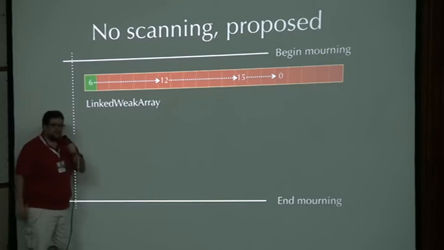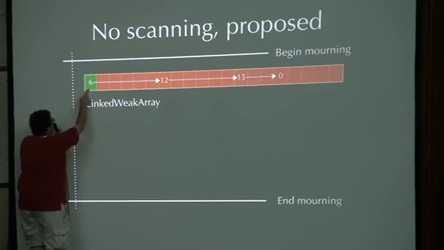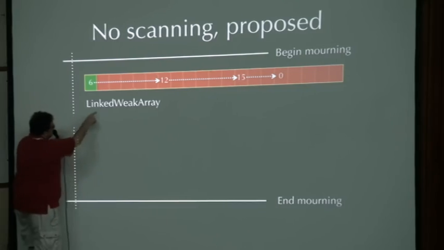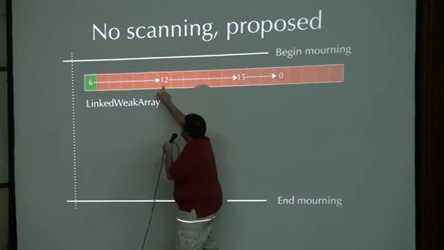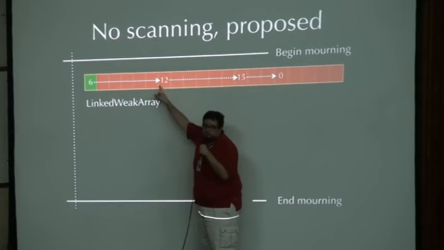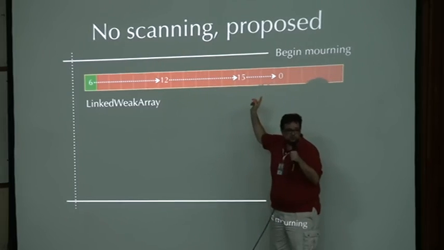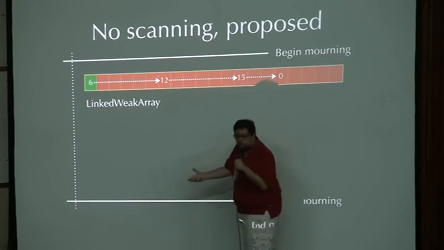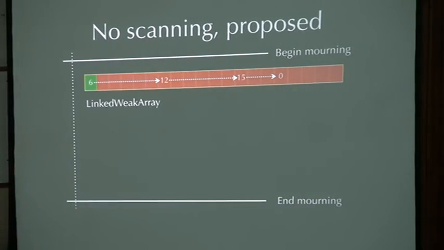Let's put a linked list of tombstones, in which the first instance variable of the weak array points to the first slot of the list of tombstones, and this one points to the next one, and so on until you find the 0, which signals the end of the chain. Well, great, because now I know where they are. So thank you, that saved me from doing linear search.